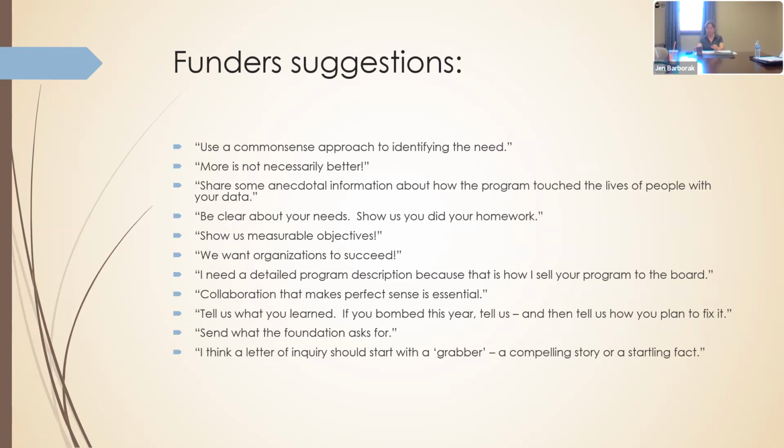I pulled quotes back when I was doing the very first grant writing class. I was reading a lot of different grant writing books and pulled these suggestions from multiple sources. And again, I'm not going to sit here and read them all. I hate when somebody sits and reads a slide. But most important, showing us measurable objectives.